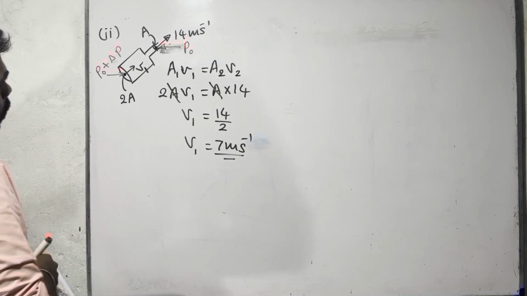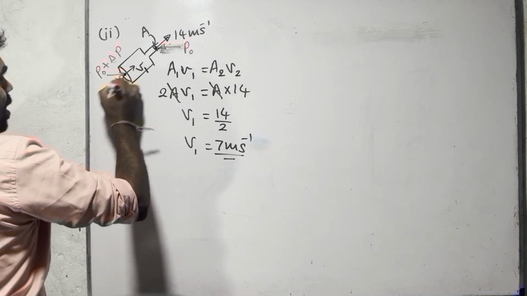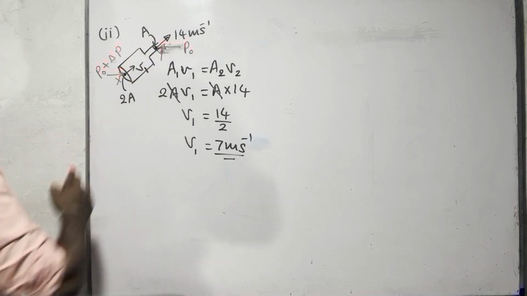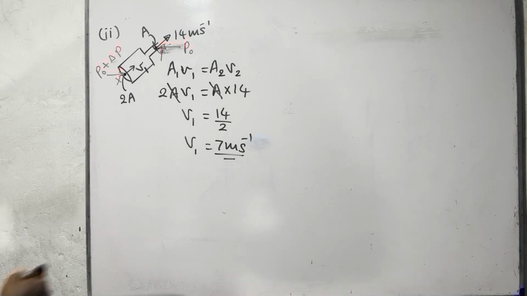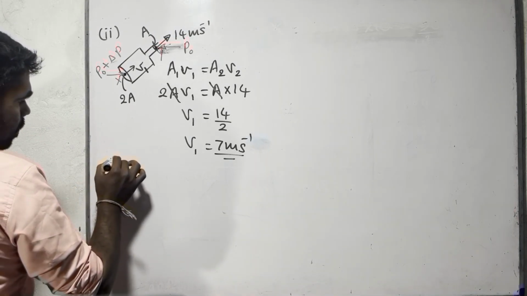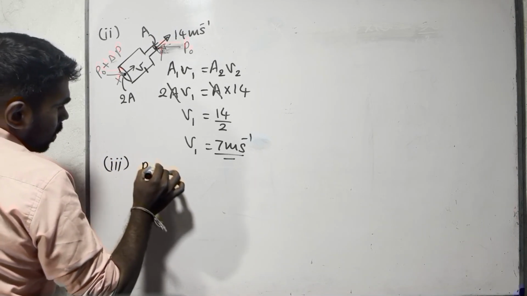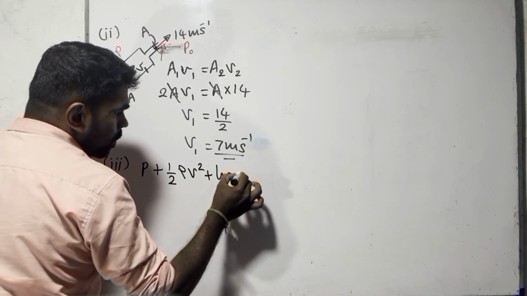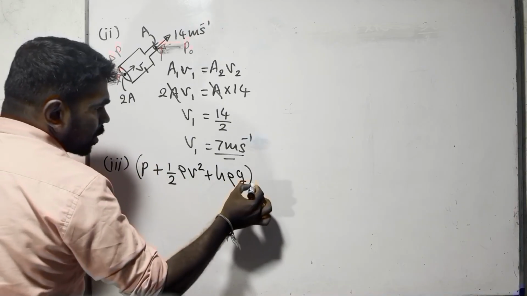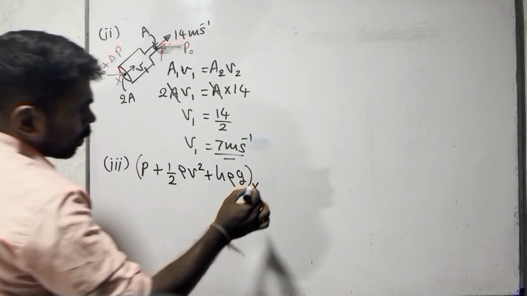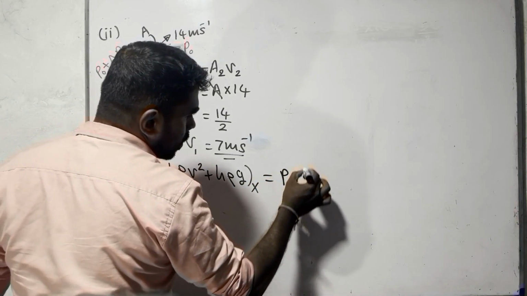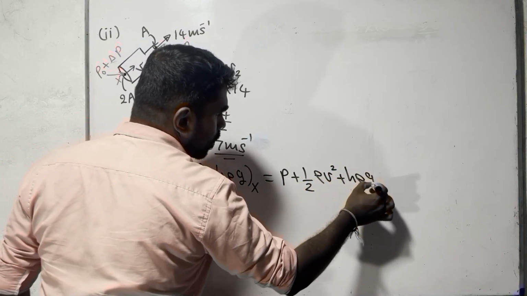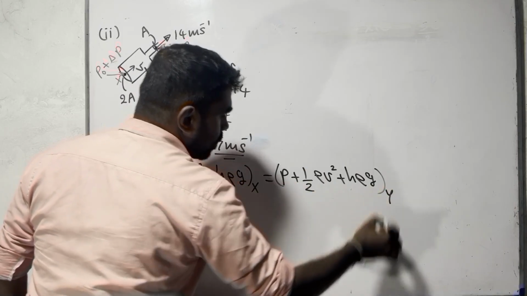Then I will use Bernoulli's principle between this point and this point, x and y. We can write P plus half rho v squared plus h rho g at x should be equal to P plus half rho v squared plus h rho g at y.